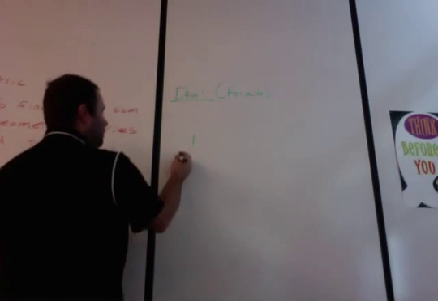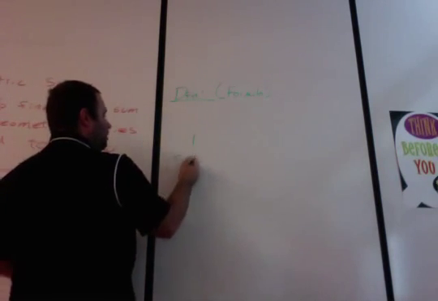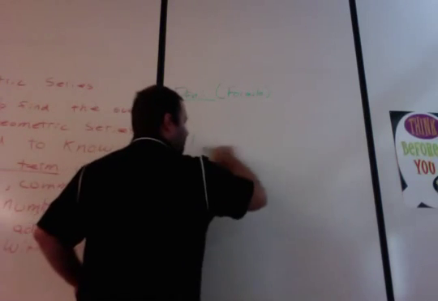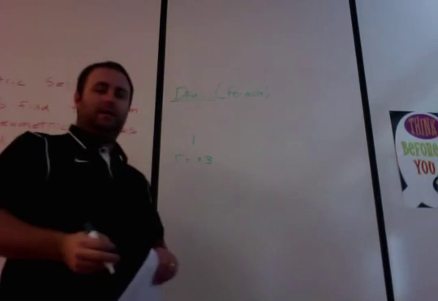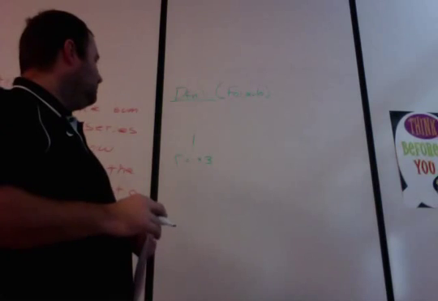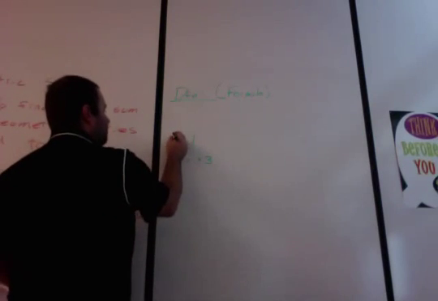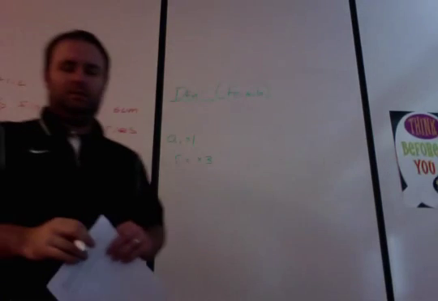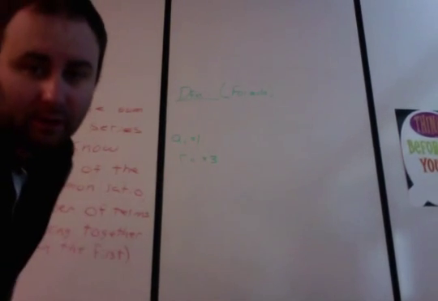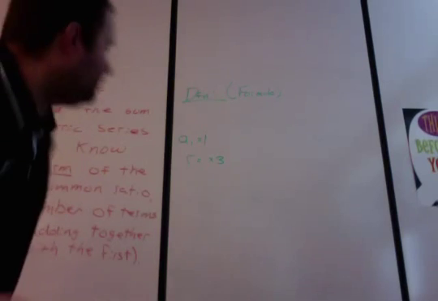So I'd have to know my ratio, which is r, and in the example I just gave you, it would be times by 3. You have to be given that. I'm going to label this initial term as a sub 1. Hopefully you can see the a sub 1 there.